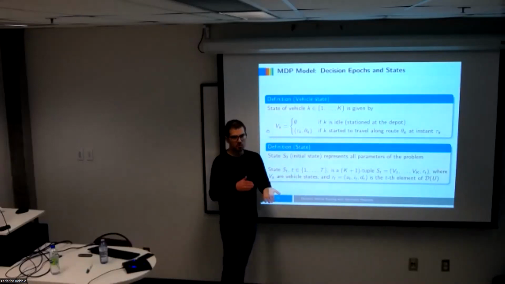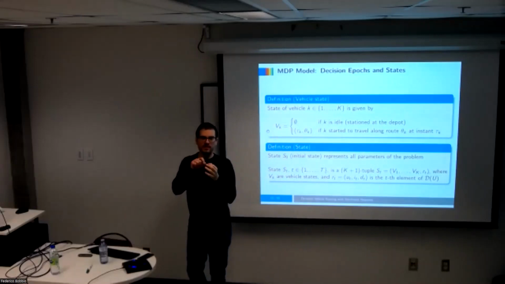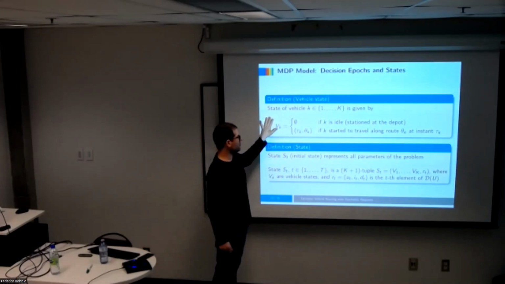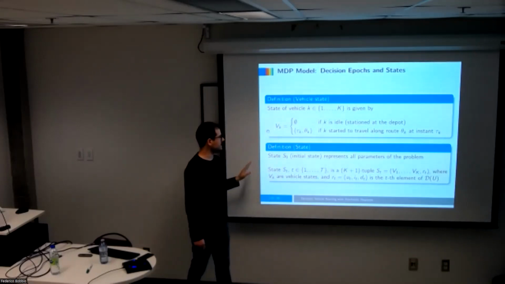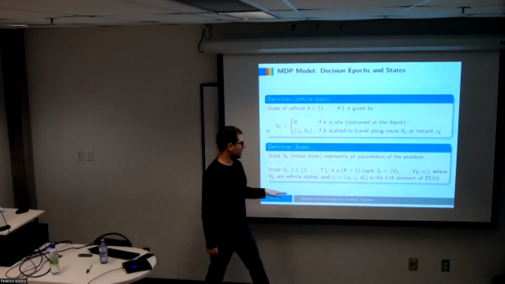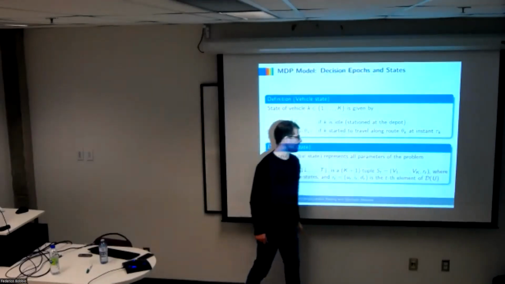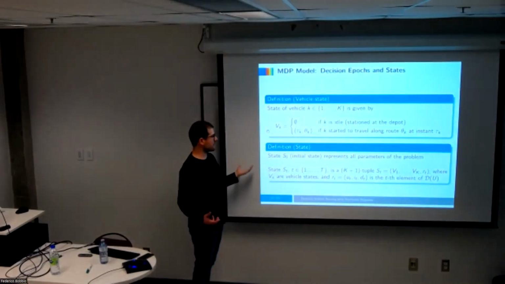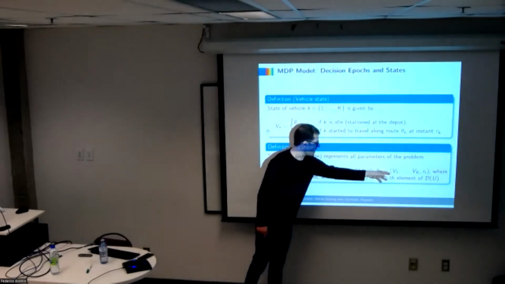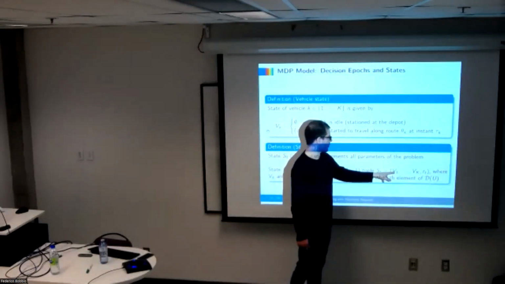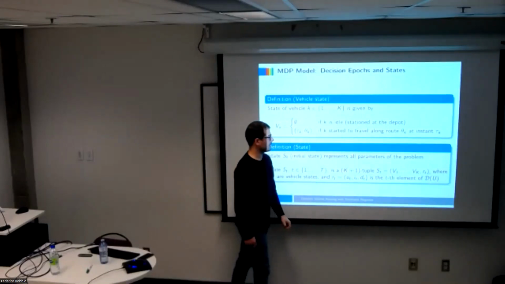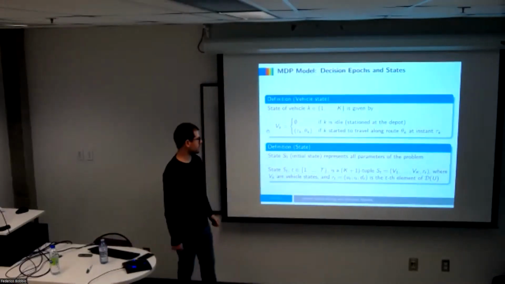And with this information, you can map, at any moment in time, where the vehicle is. So it's sufficient information for determining the location of all vehicles at any instant. And then the state is just a tuple that consolidates all the vehicle states. So the state of this dynamic system is going to be this tuple S_t with one component for each vehicle. And the last component here is for the request that just arrived at epoch t.